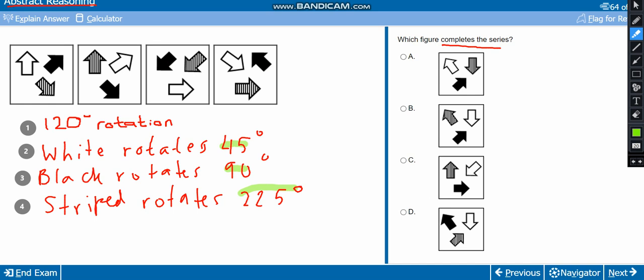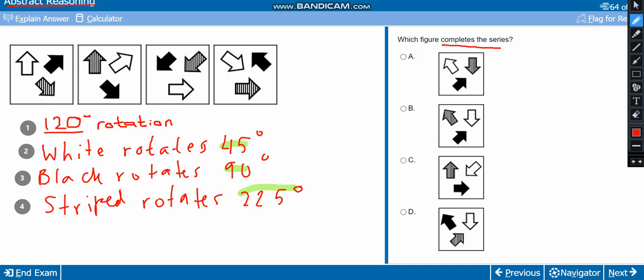A much quicker way of figuring out which answer A, B, C, or D is correct is to first consider the first point we made, that the actual position within the box that the arrow is holding is moved by 120 degrees in each step in the box. That's probably the easier, more visually accessible point regarding these 4 points that we can tell by just looking at the boxes straight away.